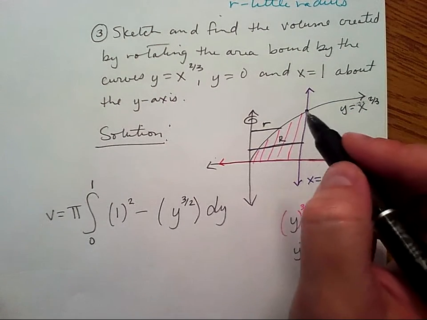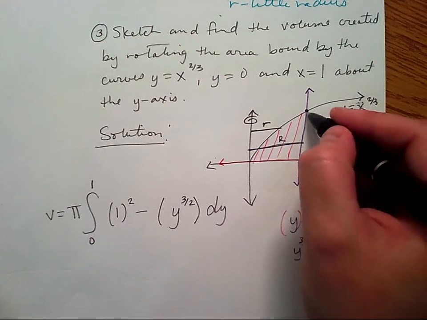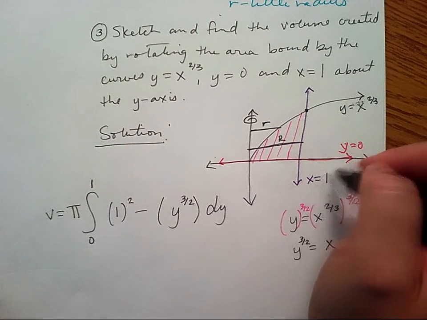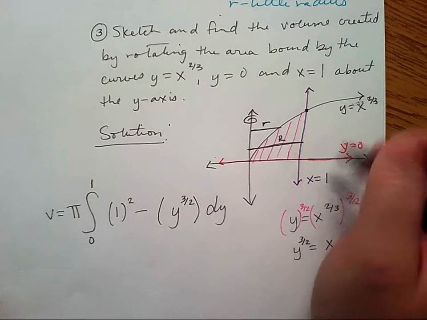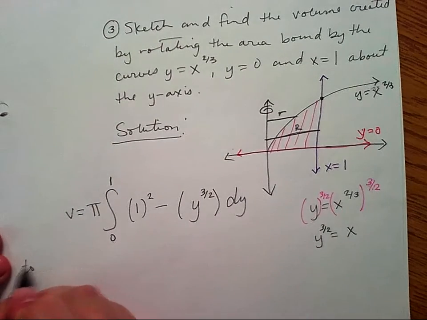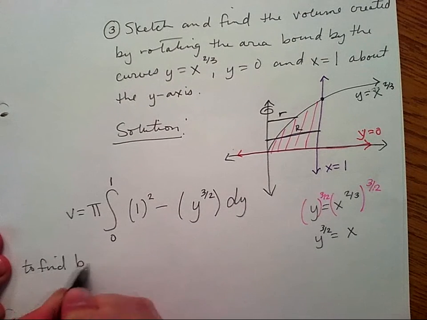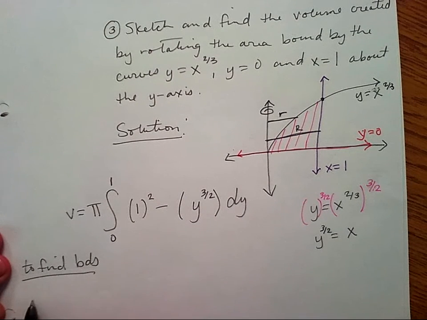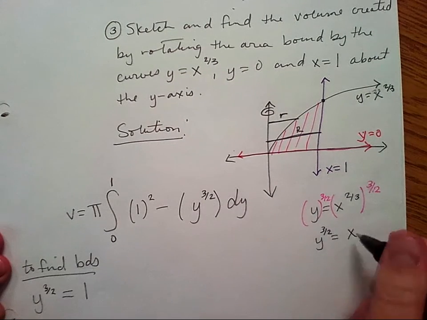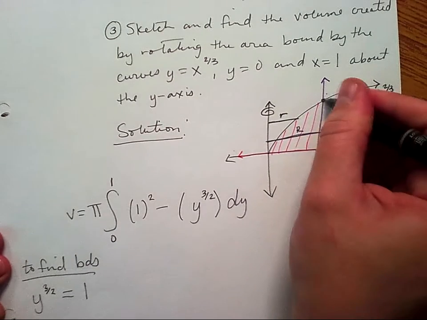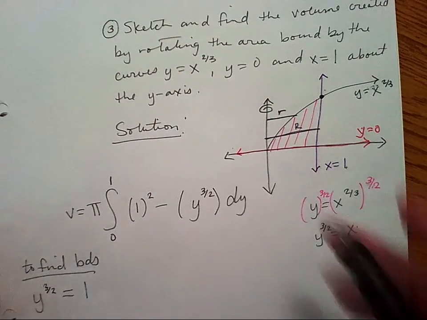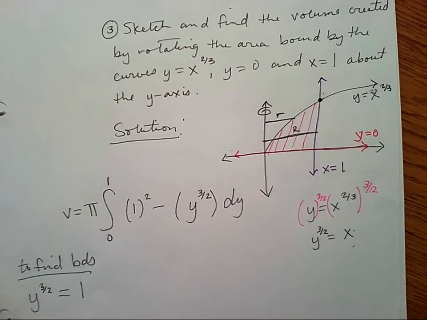So to find bounds, we set y to the 3/2 equal to 1 from these two, right? So that's how we get y equals 1, not from the x equals 1. Sorry, that was incorrect.